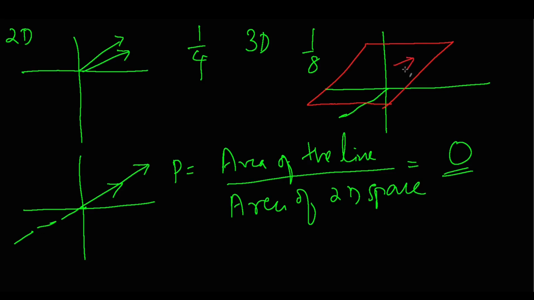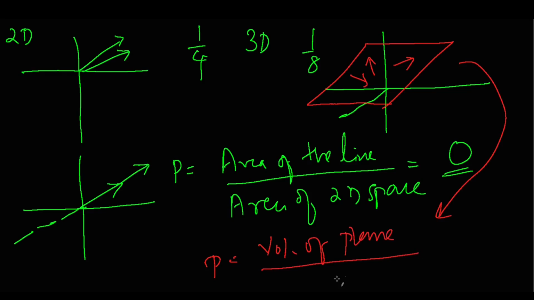All these vectors are lying here, this 2D plane. P will be volume of plane by volume of the 3D space, which is again 0 because a plane has no volume.